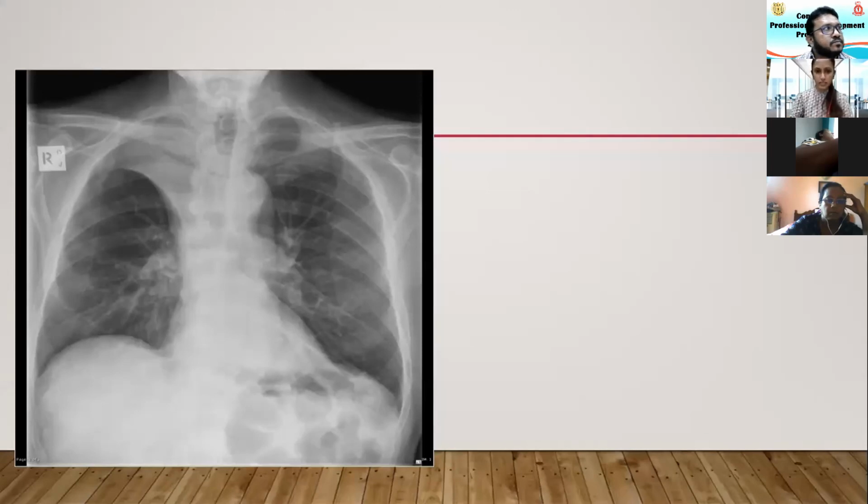Our last question: how to differentiate pulmonary metastasis from primary lung tumors? Primary lung tumors are usually one or two lesions. You're probably talking about a primary lung mass versus pulmonary metastasis.